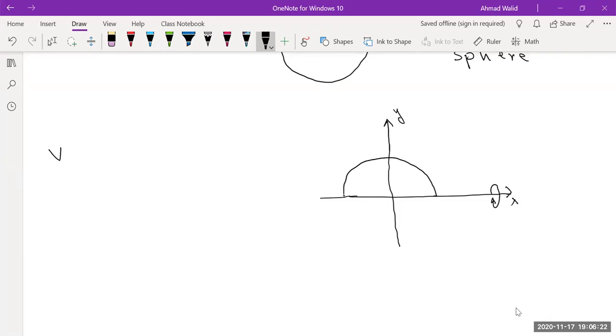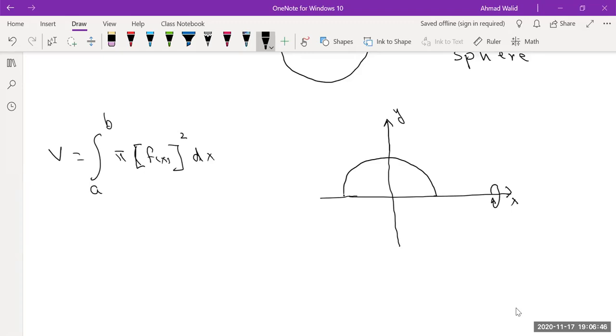And my formula is V equals integral from a to b pi f of x squared dx, right? I break it down for you, make it easy for you. You should square your function, then dx, correct?